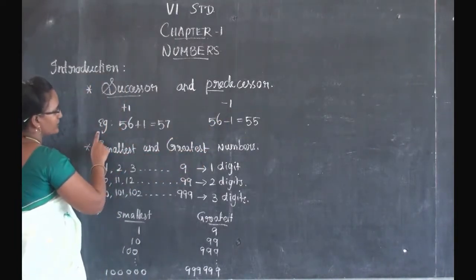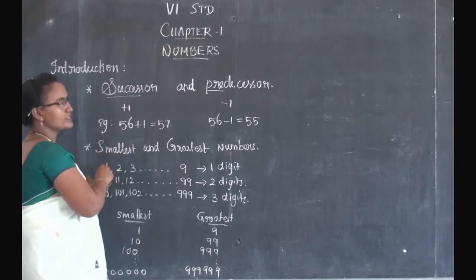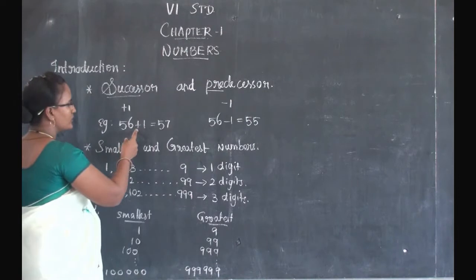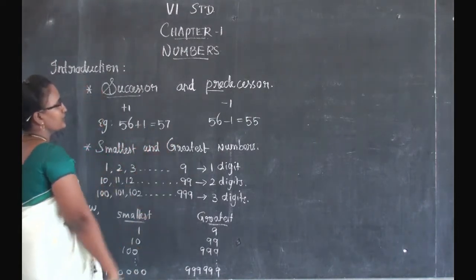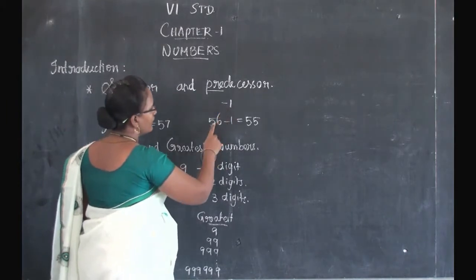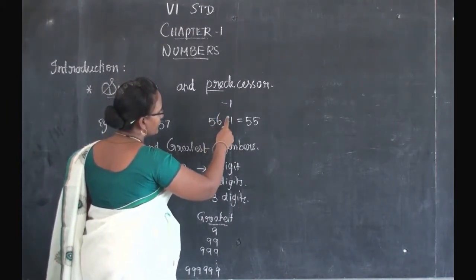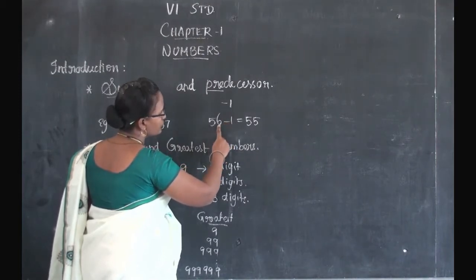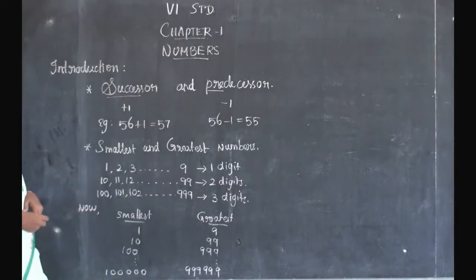For example, 56: what is the successor of 56? Add 1 to the number, we get 57, that is the successor. And the predecessor of 56 means subtract 1 from the number, so we get 55, that is the predecessor.